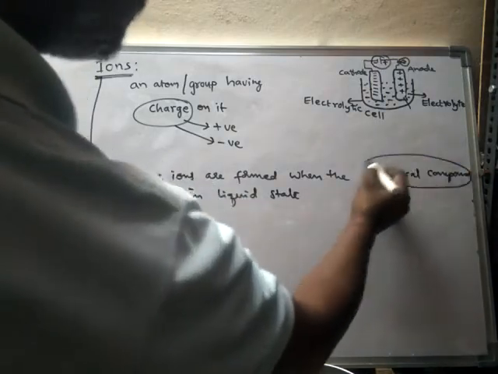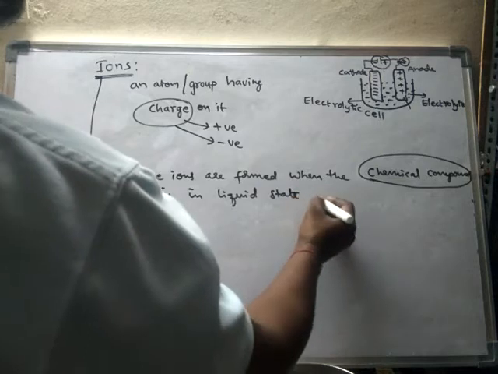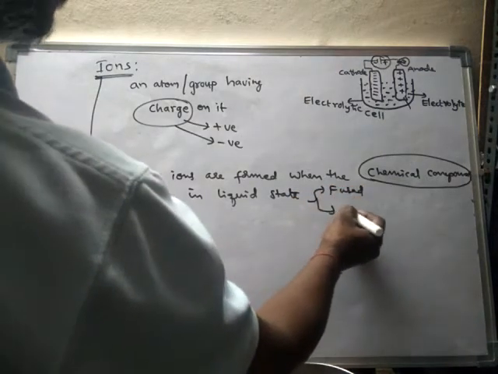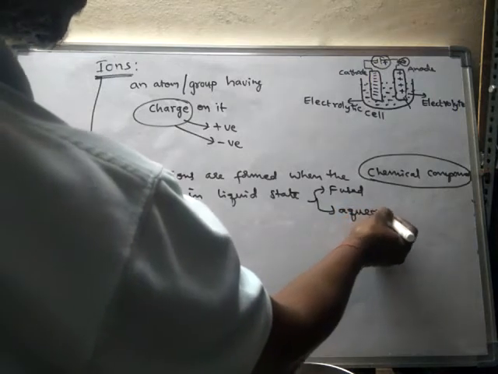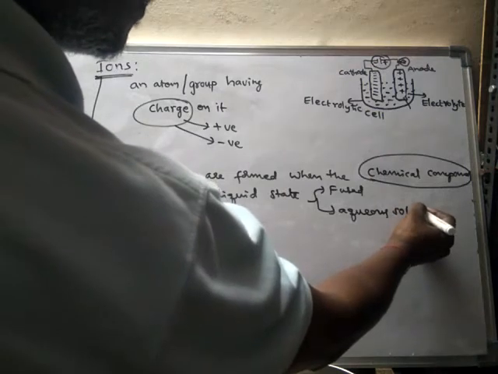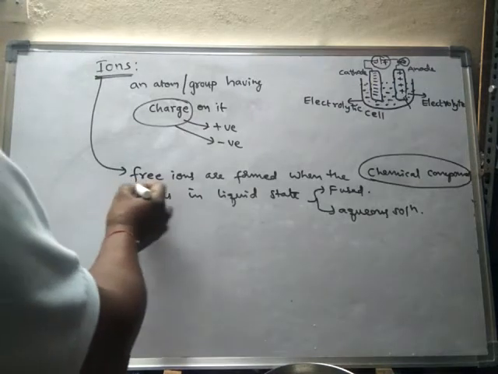It is an electrovalent compound, an ionic compound. Liquid state means either the fused, that is molten, state or an aqueous solution. Only in aqueous solutions or in the fused state can ionic compounds produce free ions.